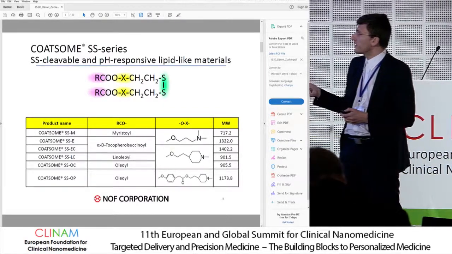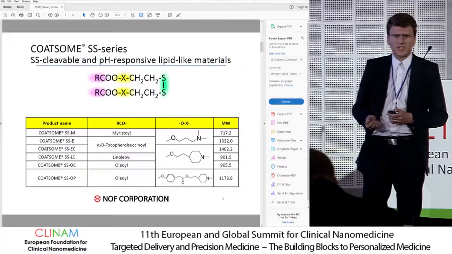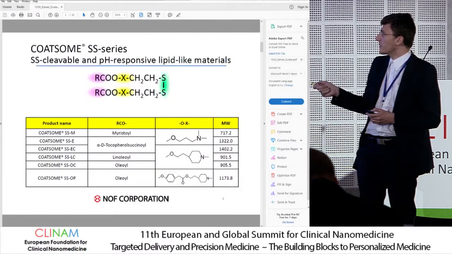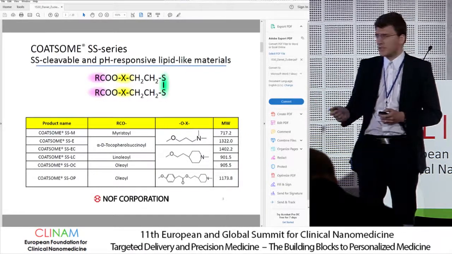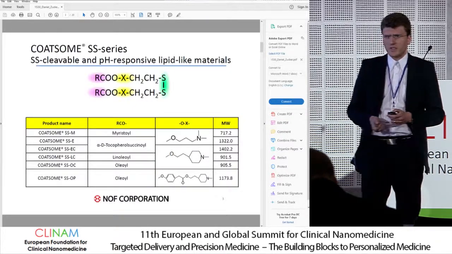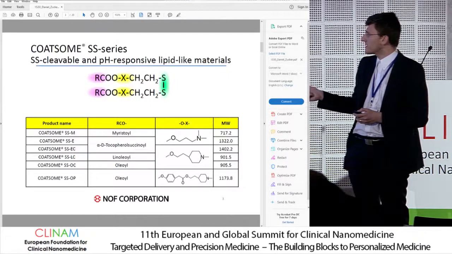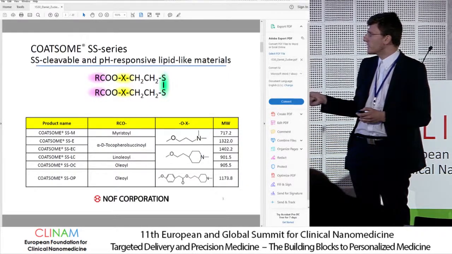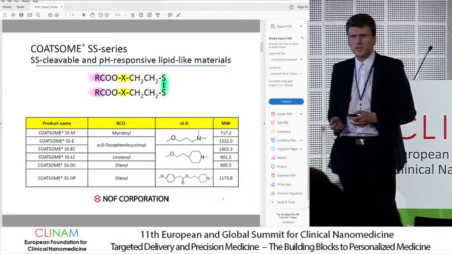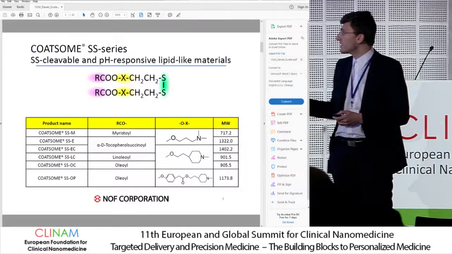All of them have a disulfide bridge in their polar heads, and we have optimized the structure of the amine groups, which could be chosen from three structures. One is a linear amine, one is a piperidine group, and the other is a piperidine group conjugated to benzyl propionate.